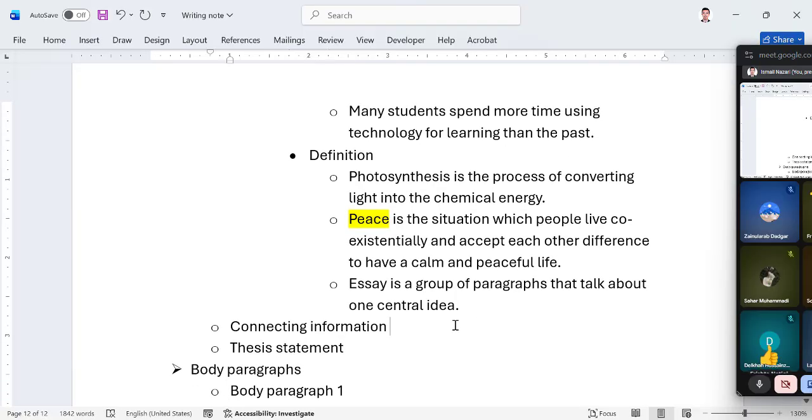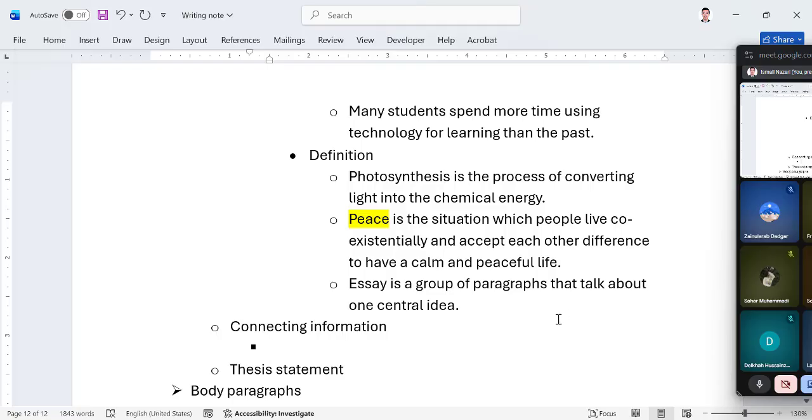Now, the next part of the introductory paragraph is connecting information. Connecting information has two main functions.